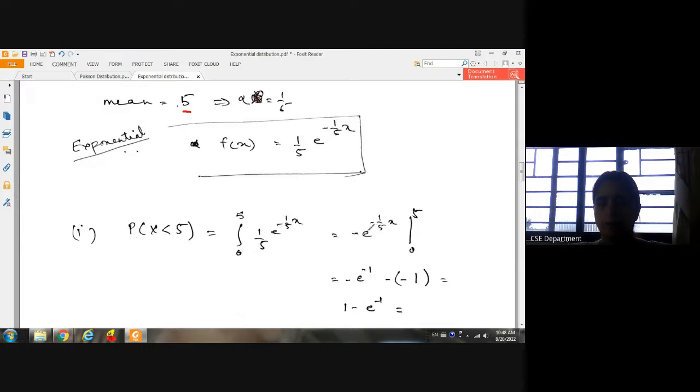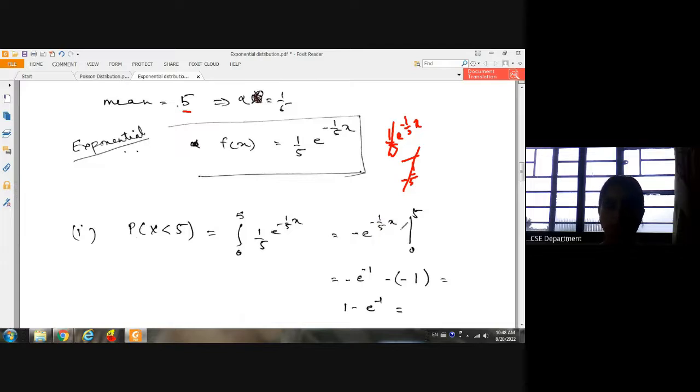So e to the power of minus 1 by 5 x divided by minus 1 by 5, because alpha is minus 1 by 5. This and this will cancel, only the minus will remain. So minus e to the power of minus 1 by 5 x.